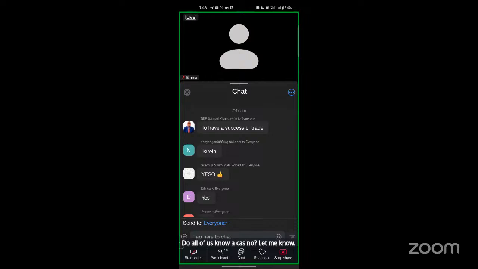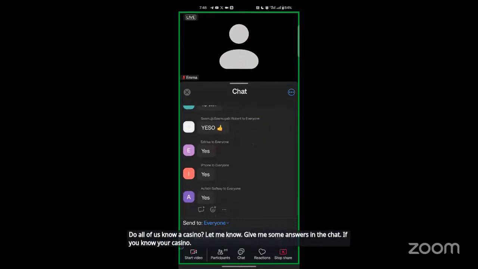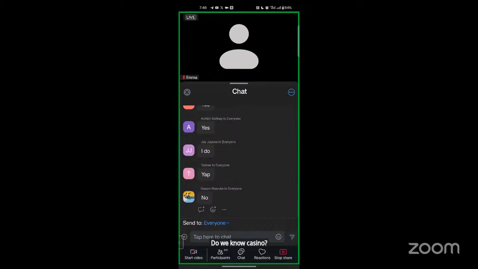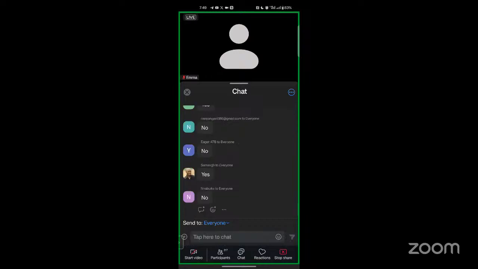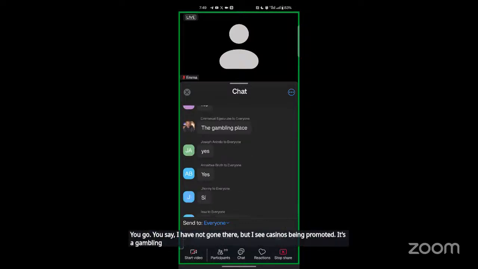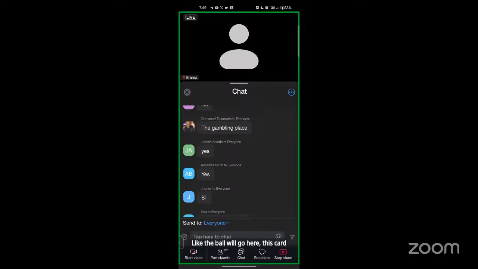Give me some answers in the chat if you know a casino. Okay, some know, some do not. A casino is where you go to play games to win those games. It's a gambling place. Yes, you go and gamble. Like the ball will go here, this card will be this number. So there are games of chance.